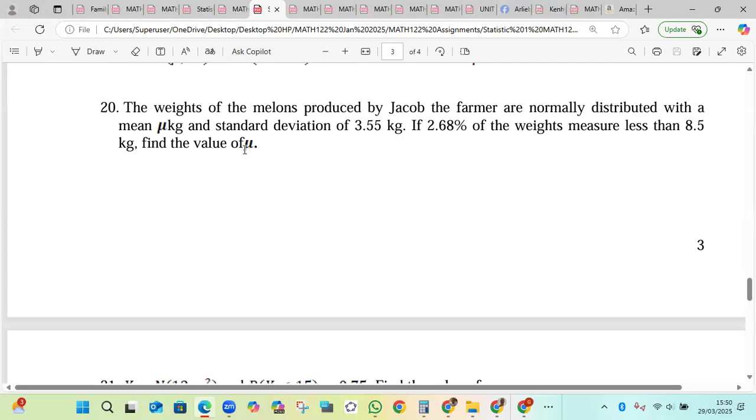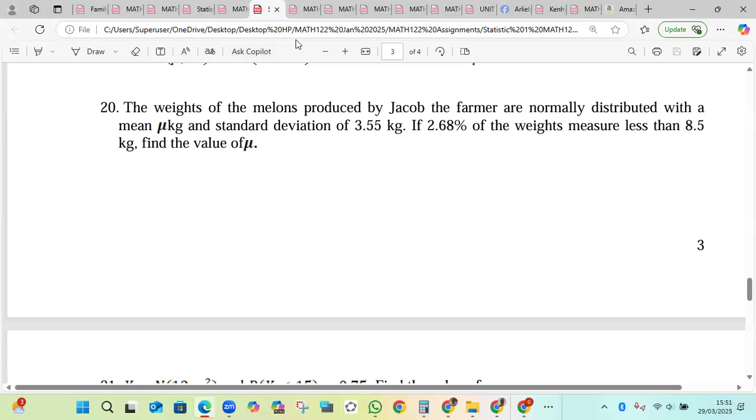Therefore, mu, the population mean, must be greater than 8.5. Another important note: z will be a negative number, because z is x minus mu over sigma, and the difference between x and mu will be negative. So z is on the left side of 0.